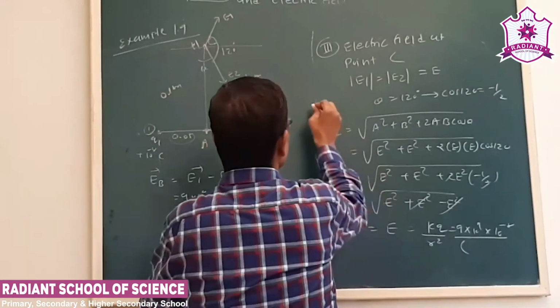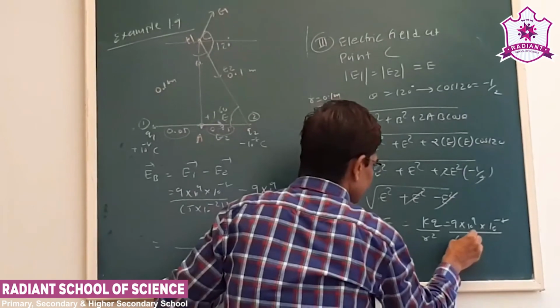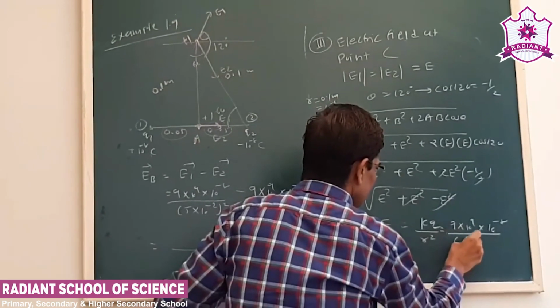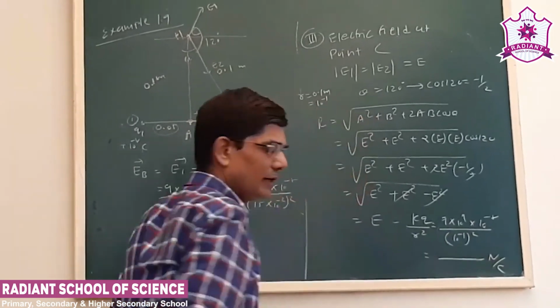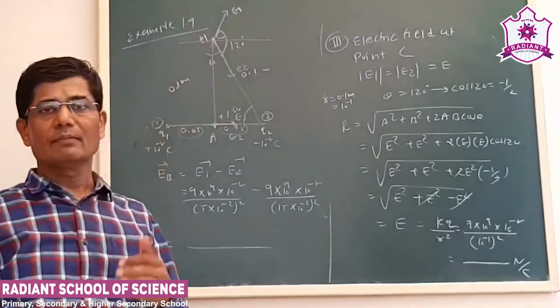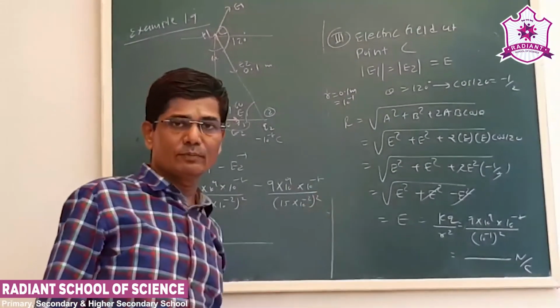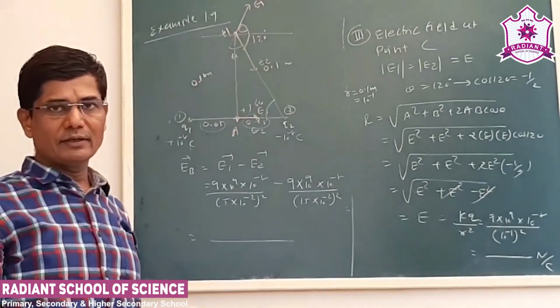So here r will be 0.1 meter. This is how we can obtain the electric field at point C. So by using this principle of superposition, we have obtained the electric field at points A, B and C.